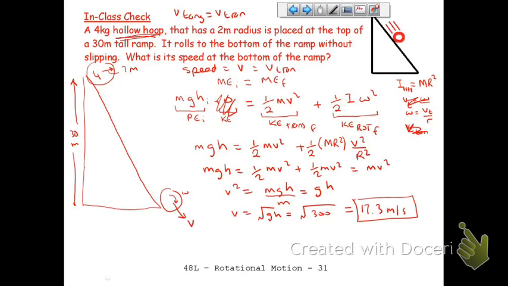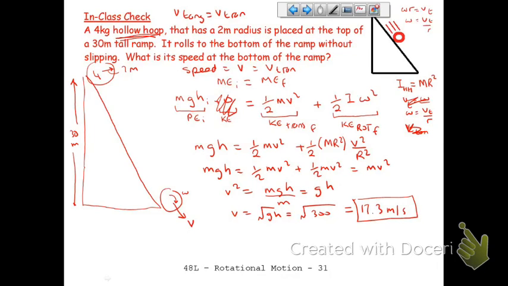And then we also had to recognize that omega R is equal to V tangential, so omega is equal to V tangential over R. So we had to substitute in for omega squared, and recognize that V tangential and V translational are the same value, so we can just call it V. And then the rest is math.